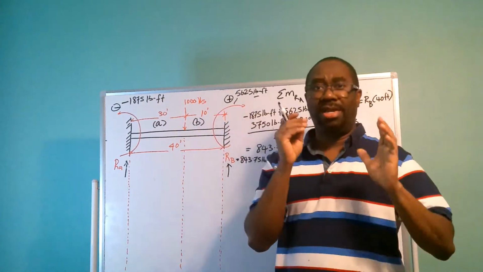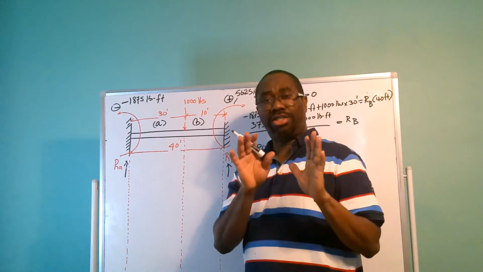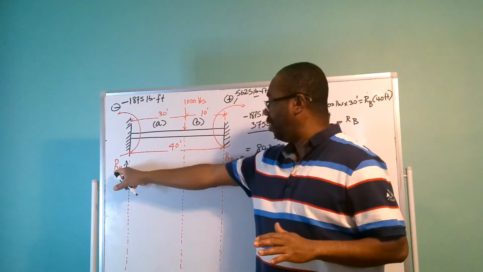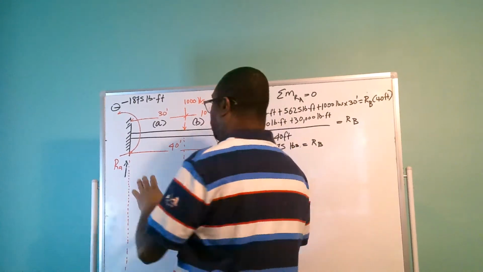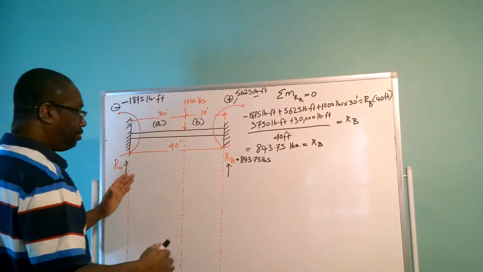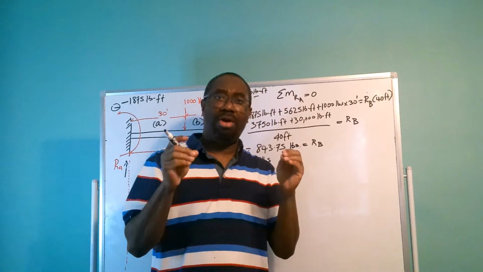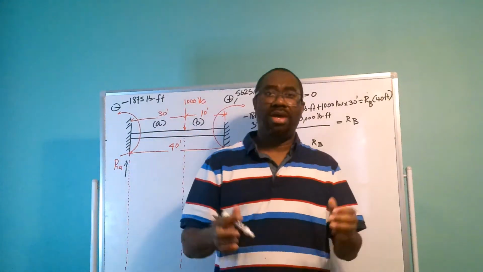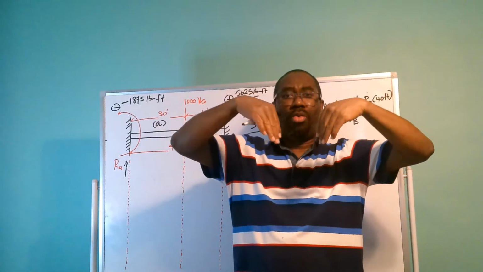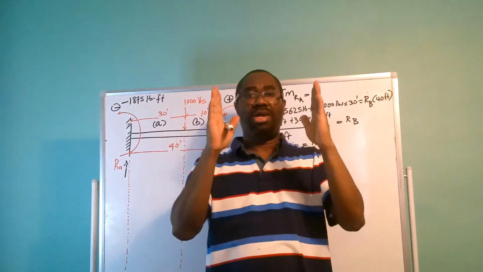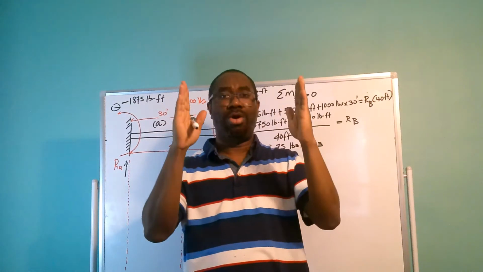So in this video, I'm going to take a shorter route to determine the reaction at RA. I've said to you multiple times that the forces going downward on the beam must be equal to the forces going upwards on the beam.